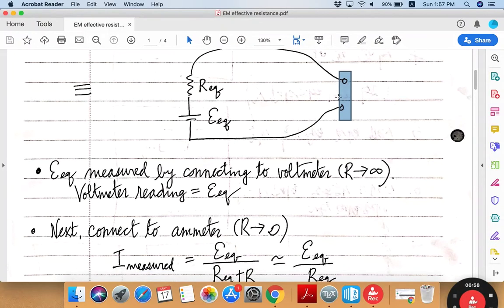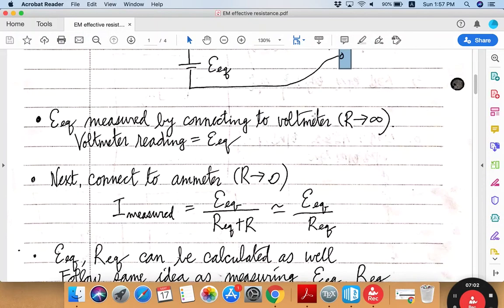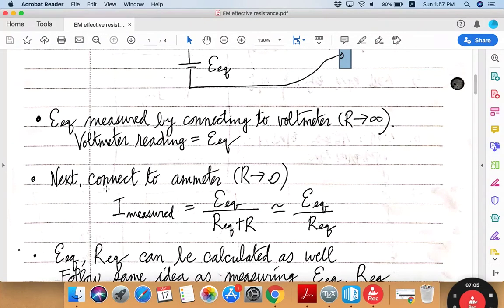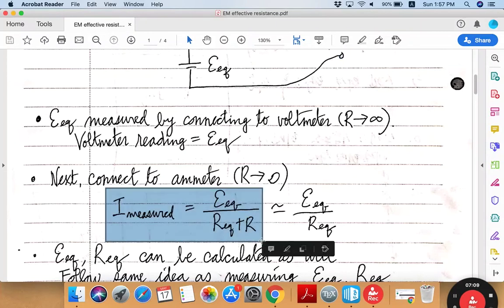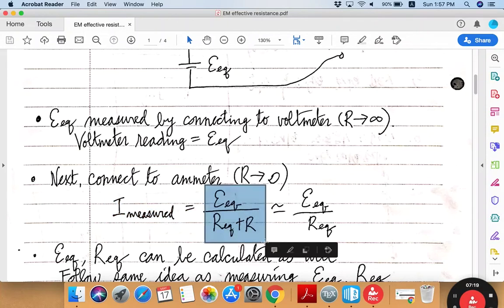And then if you apply Ohm's law to this closed circuit, obviously the relation would be like this: the current that you are measuring through the ammeter reading is given by the equivalent voltage of the circuit divided by the total resistance.